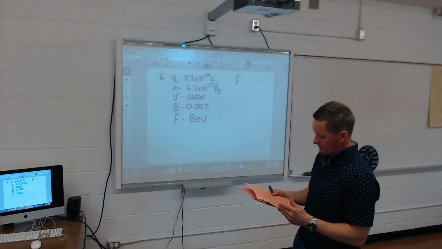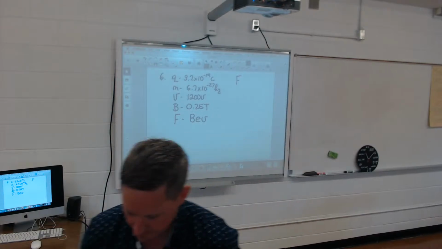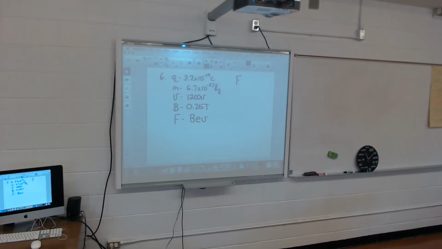I don't have a radius. Okay, just give me a second here. I'm going to have to look back at this. That's kind of as far as I got, just labeling, but I couldn't really figure it out either. I'm missing something obvious here, and I don't know what it is.